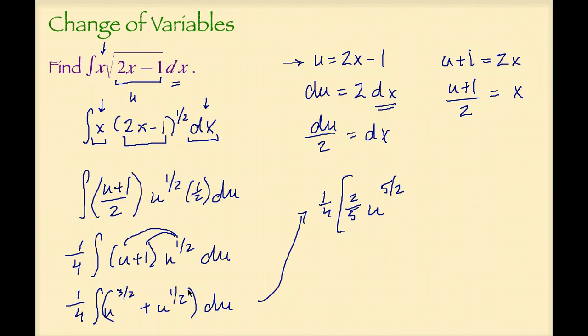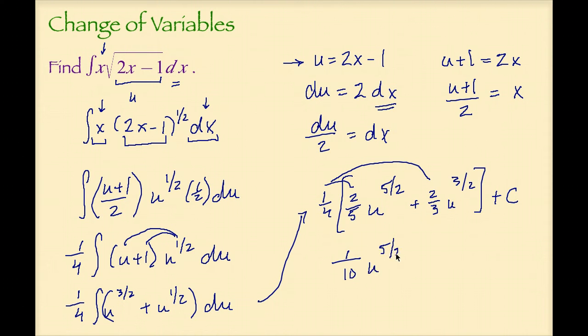Adding 1 to this exponent gives me 3/2, so I'll have 2/3 u to the 3/2, and then plus c. Let me distribute the 1/4 to each of those terms, and that's going to give me a 1/10 u to the 5/2 power plus 1/6 u to the 3/2 power plus c.